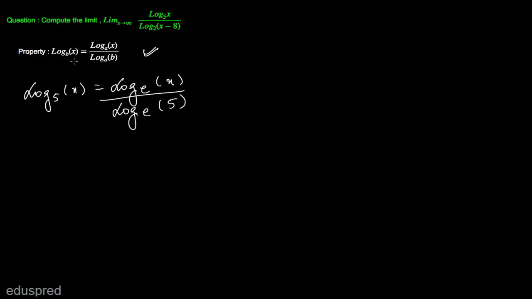In the original formula, your base was b, which in our case is 5. So in the denominator, you have log to the base e of 5. Note that here we are taking the base e, which is the natural log, which can also be written as ln x divided by ln 5.